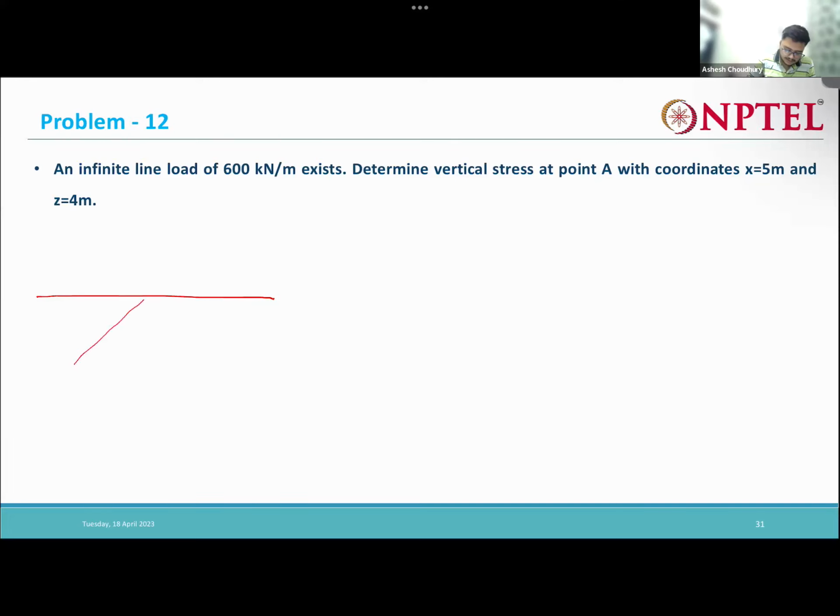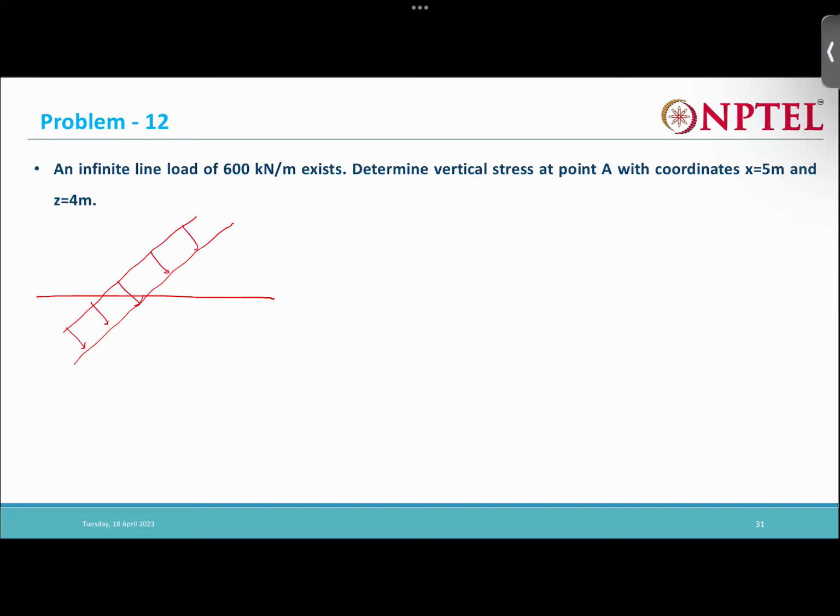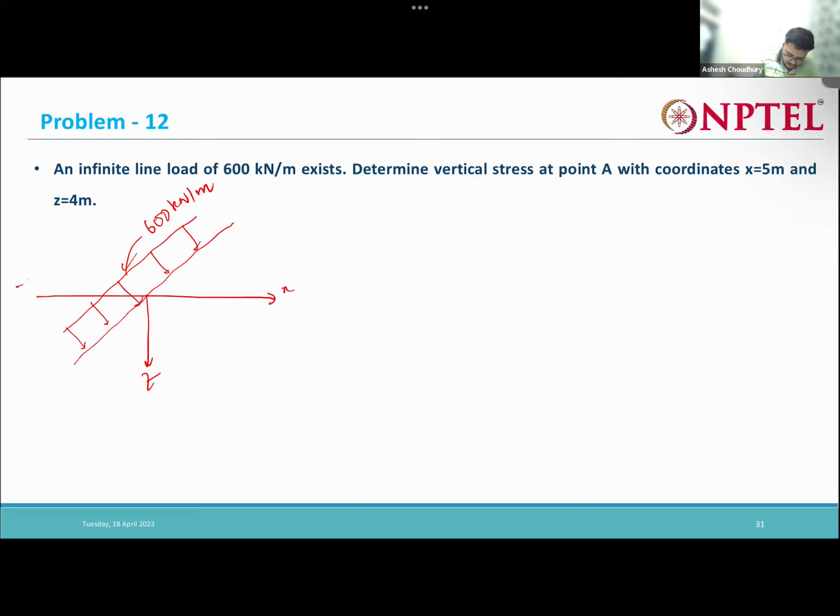In this direction we have a line load. This is 600, and this is my z direction. This is x. The point P is somewhere here, with x equal to 5, z equal to 4.